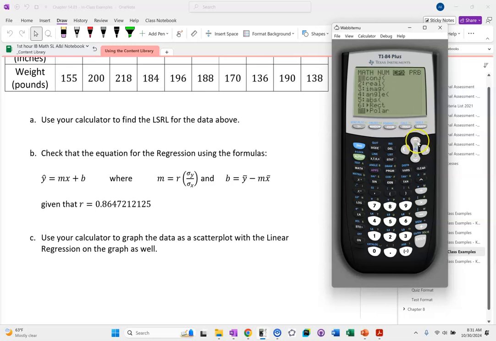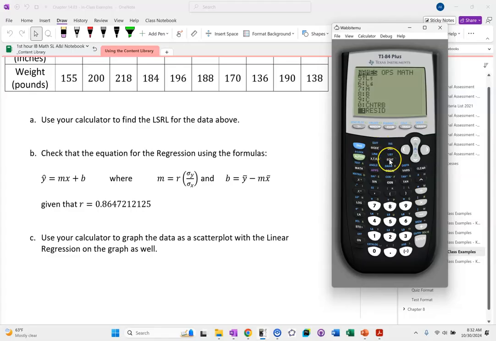I'll find it in a second. I have to remember where it is. I guess I know what it's called. I bet it's here. Yeah.